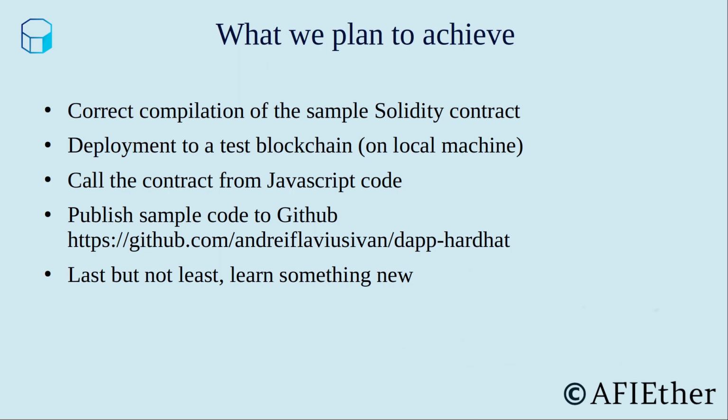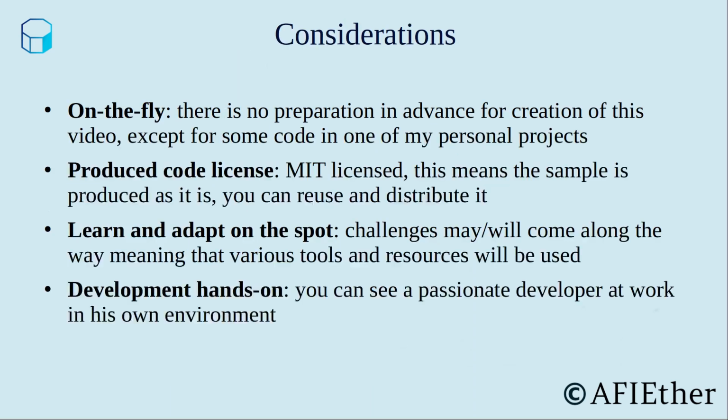And after we deploy it, I would like to have the possibility to call the contract from JavaScript. Every piece of code that I produce will also be published to GitHub, and last but not least, it will be a possibility to learn something new.